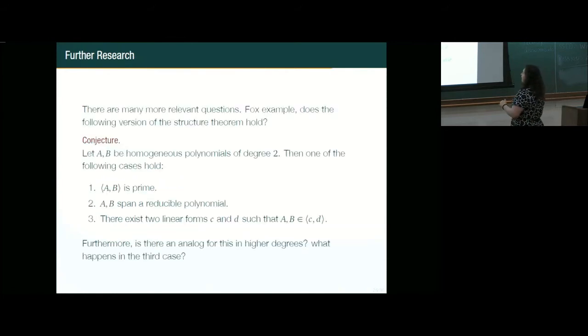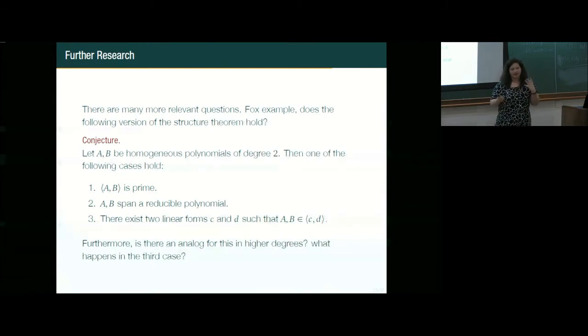And then, well, for me, it's interesting. This is a purely algebraic question, which is, did we actually give a new characterization for ideals generated by quadratic polynomials? Because we assume that there is a product of quadratic polynomials that lies in the ideal, right?